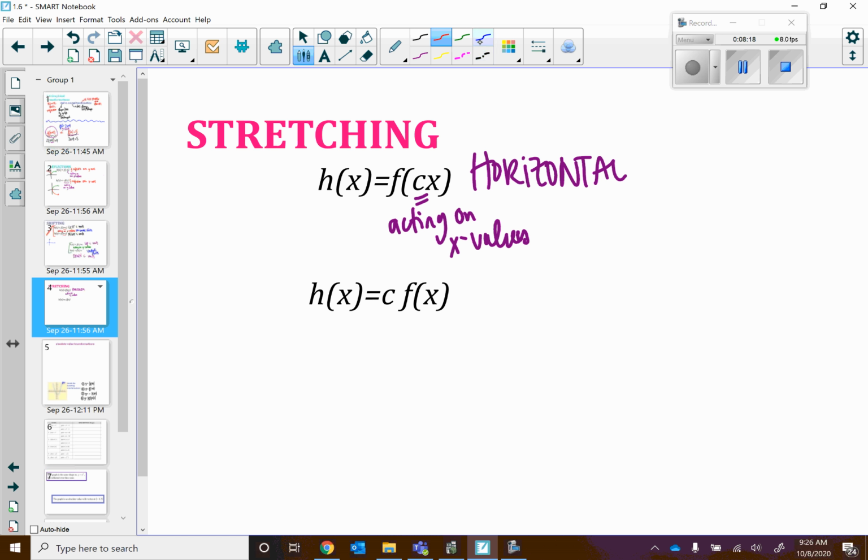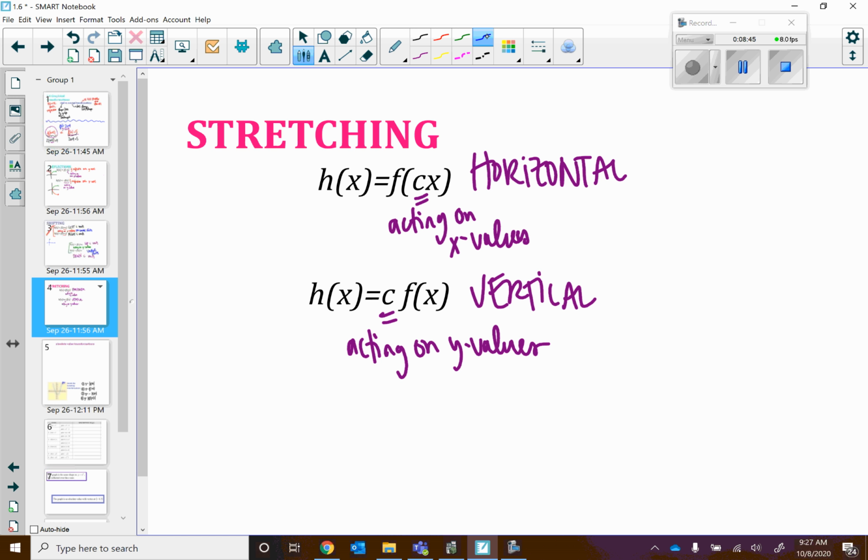And if we notice down here, the c is multiplying on the y. So this is acting on the y values, which means it's going to be vertical. And similar to our shifting, horizontal things are going to act opposite of what we expect.